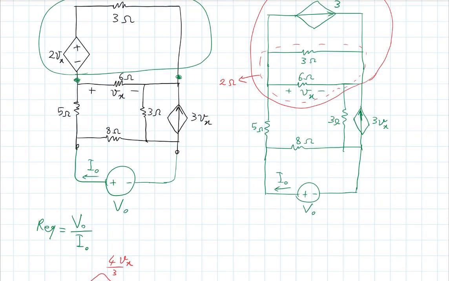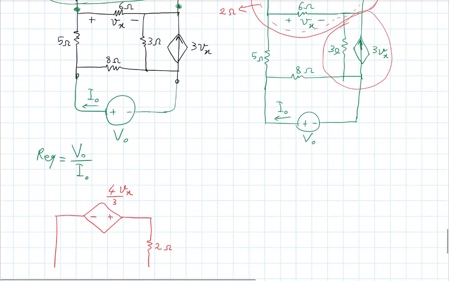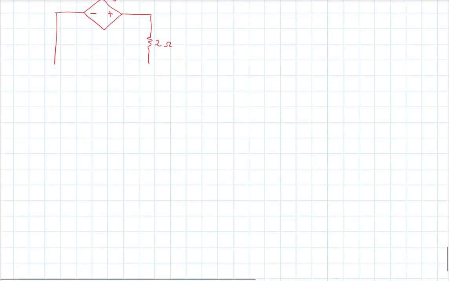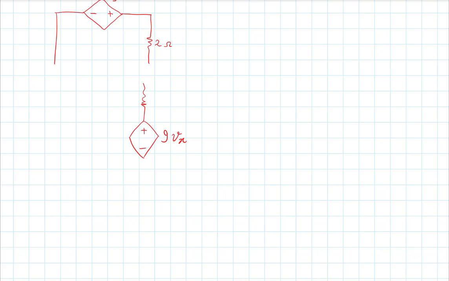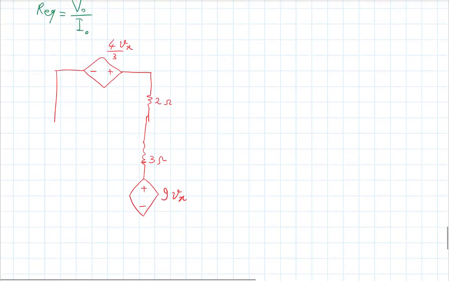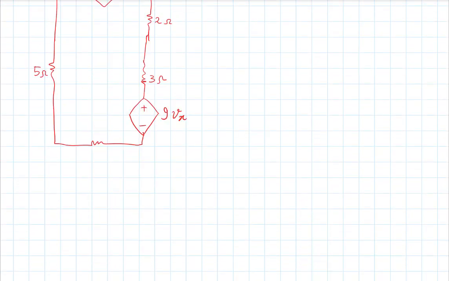And then this other one, this is another Norton that can be turned into a Thevenin. So that's 3 times 3, so that's 9 Vx in this direction. And it's 3 ohm resistance. And that's that, right? And then I have my 5 ohm and 8 ohm.